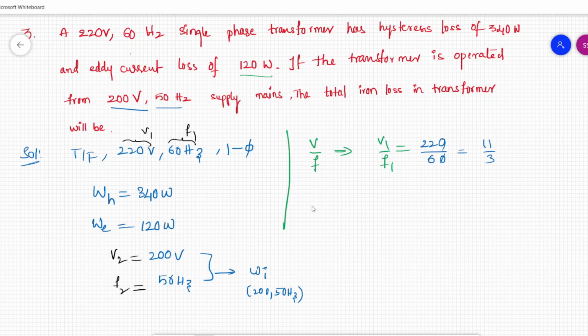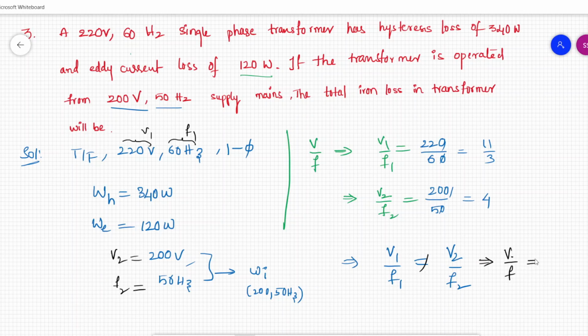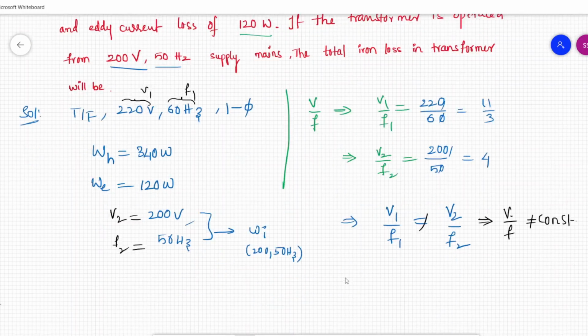Now let us check V2 by F2: V2 is 200, F2 is 50, that means it is 4. That means V1 by F1 and V2 by F2 are not equal here. So the V by F ratio is not maintained constant in this problem.